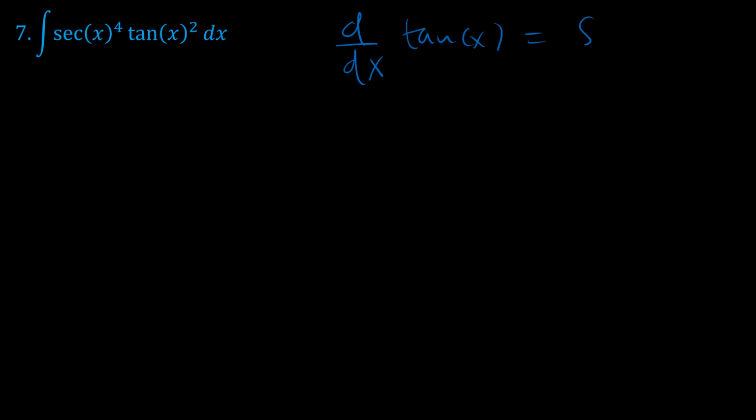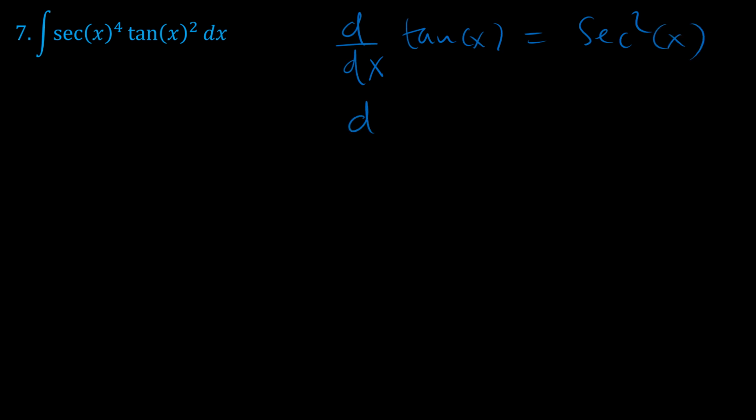Problem 7 is the indefinite integral of secant to the power 4 of x times the square of the tangent of x. Just a few things. The derivative of tangent of x is equal to secant squared of x.